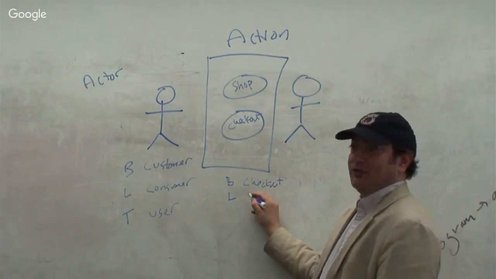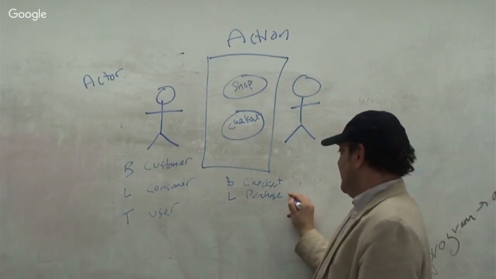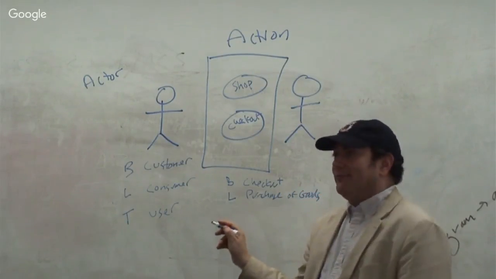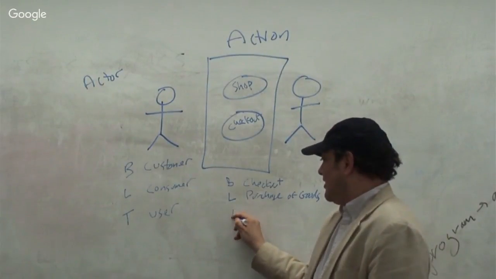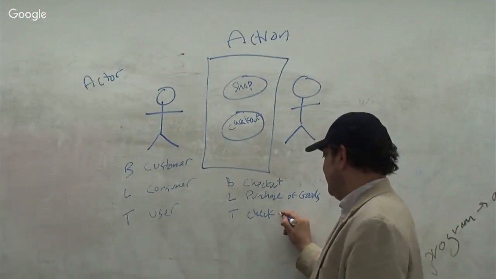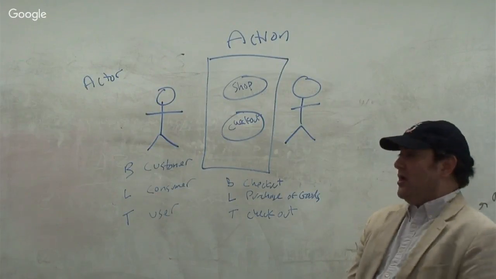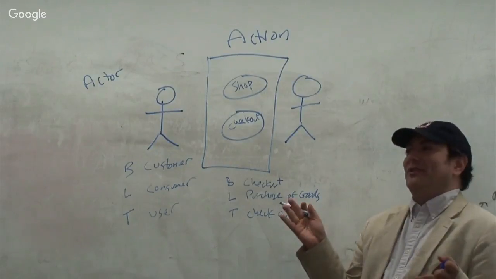If you deconstruct it, that might be what we're zeroing in on: purchase of goods, license of digital information, something like that. And then the technical, at least on teams, it's been years since I've done one of these, but we usually call it checkout also. Or it could be transaction process. It depends on what the team is and what you call it.